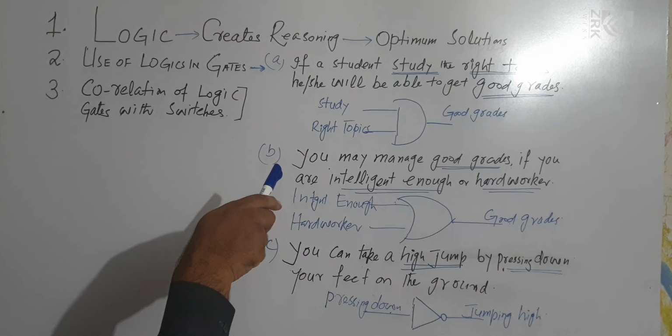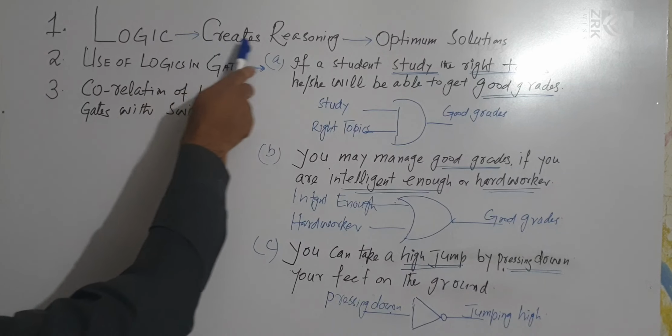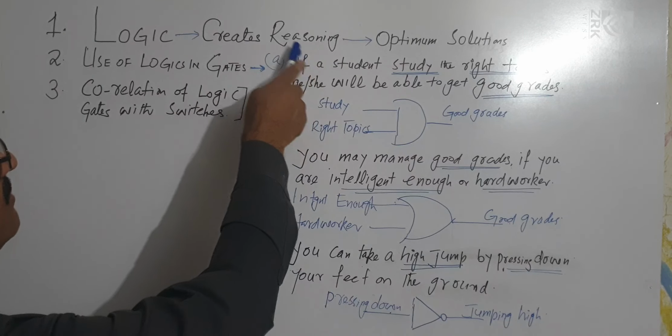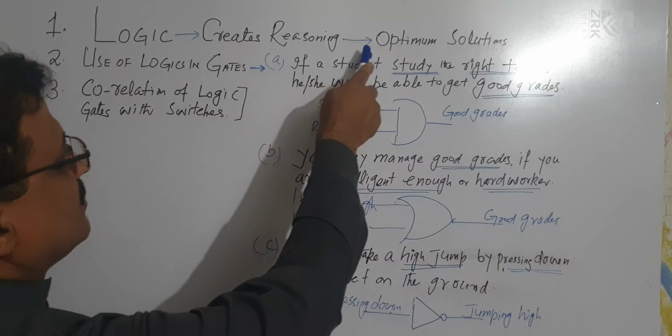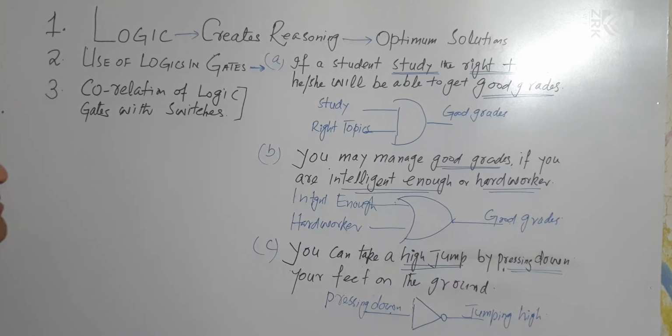So let me explain formally: logic creates reasoning, and based on the reasoning we come up with the optimum solutions of the problems. These problems may be of any type, maybe problems of the society, maybe problems in machines, maybe problems in certain gadgets, and there are many more examples.